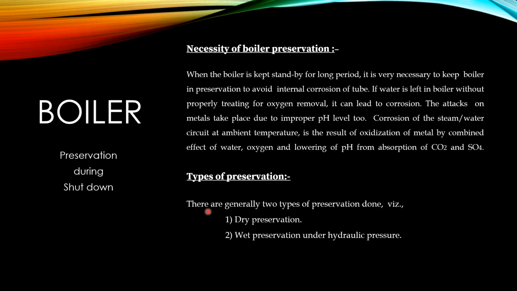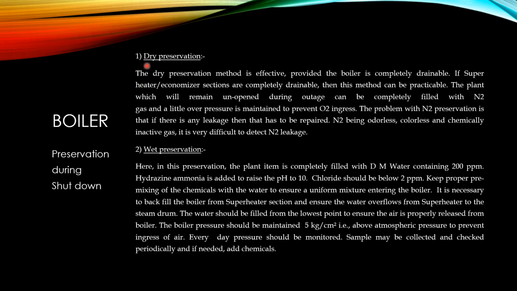Types of preservation: there are generally two types of preservation done. One is dry preservation, another is wet preservation under hydraulic pressure. First method is dry preservation. The dry preservation method is effective provided the boiler is completely drainable. If superheater and economizer sections are completely drainable, then this method can be practicable.